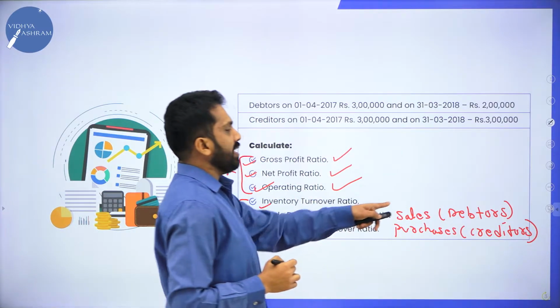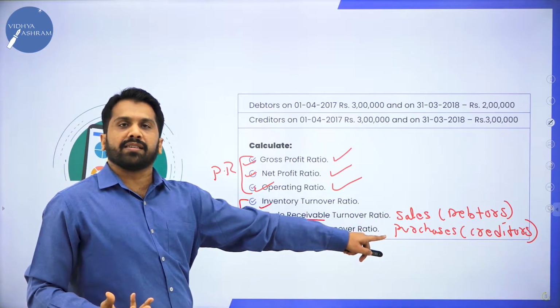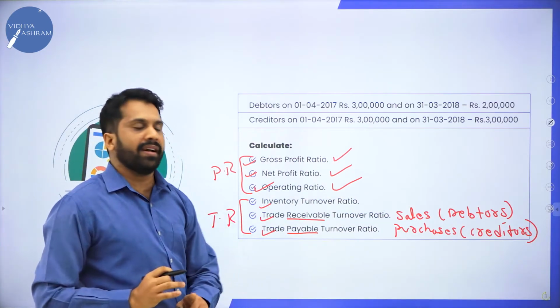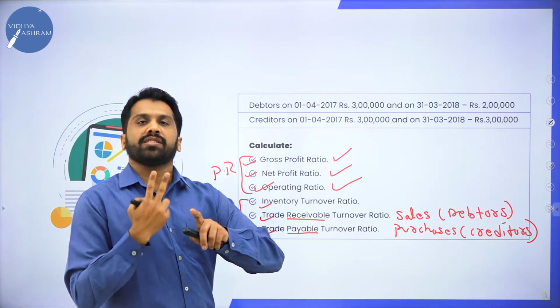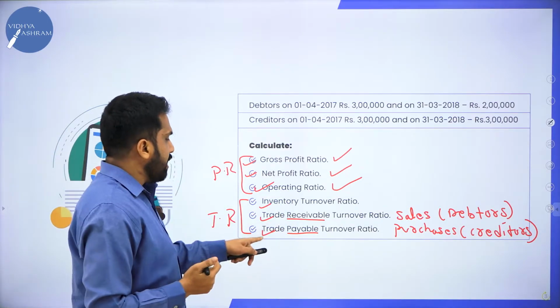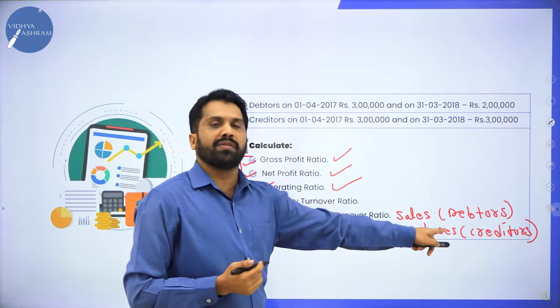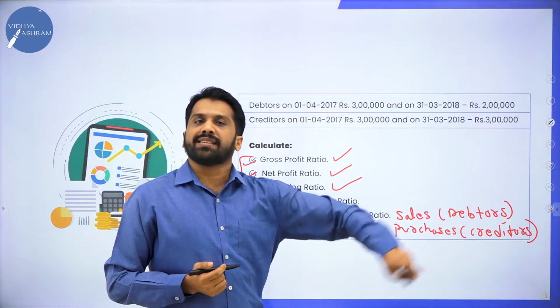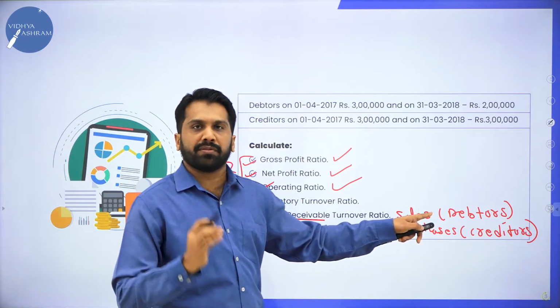For sales, debtors. For purchases, creditors. Always keep it in mind. Any information about receivable turnover ratio, two things you have to remember: one is sales, the other one is debtor. Anything about payable turnover ratio, remember: one is purchases, the other one is creditor. Clear? While doing the problem, I'll explain again.